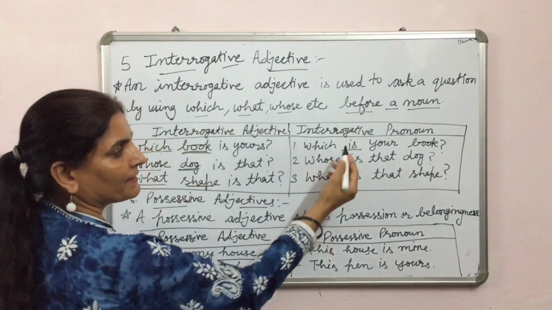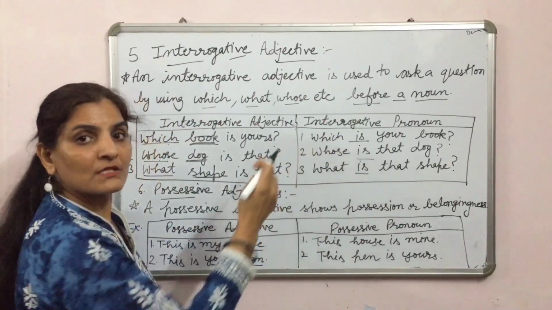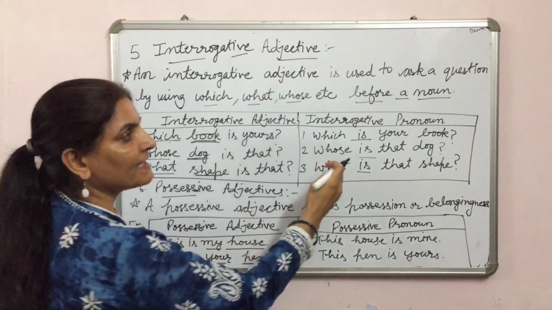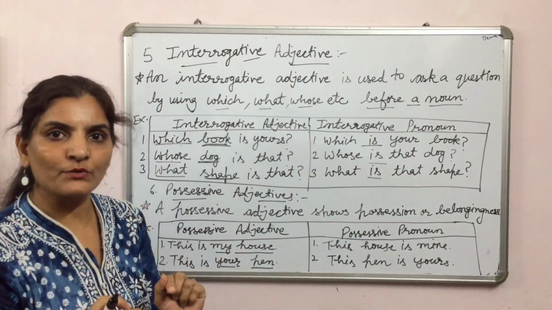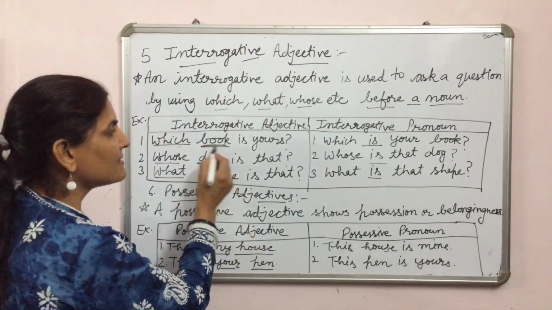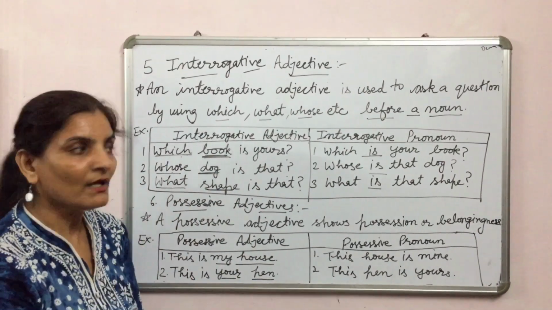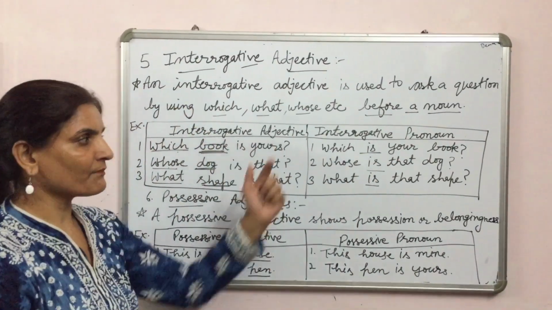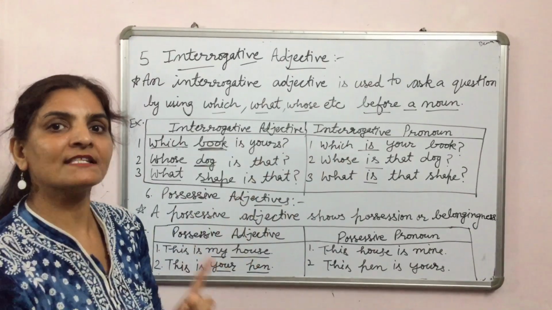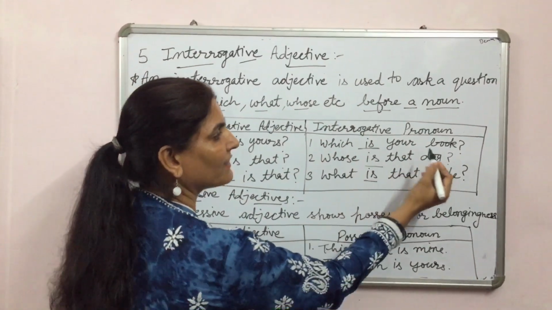Here, if there is a verb after which, whose, what, then it is a pronoun, not an adjective. Keep in mind, students, if there is a noun after these words, then it is an adjective, and if there is a verb after these words, then it is a pronoun. And in this sentence, whose is that dog?